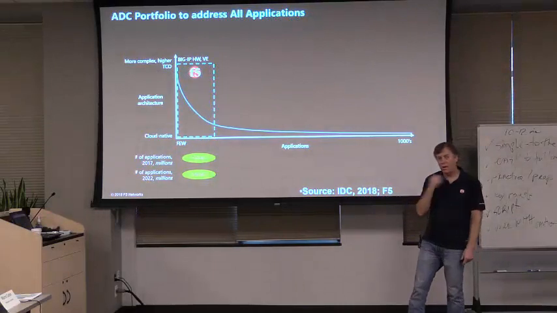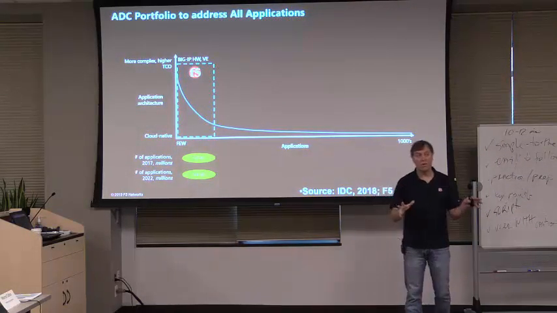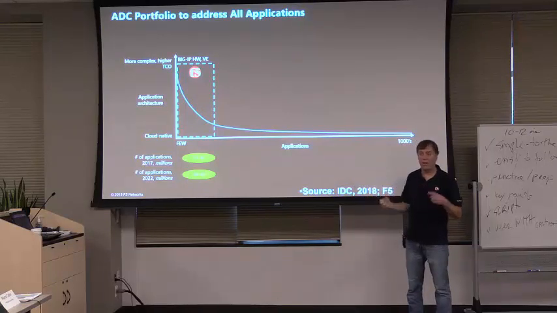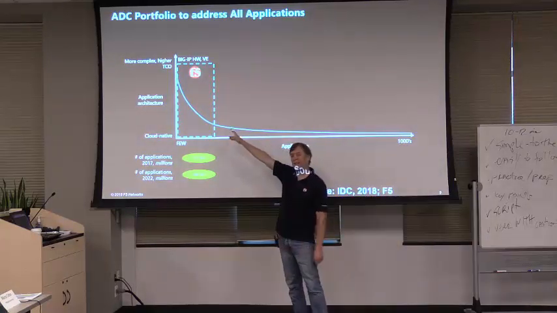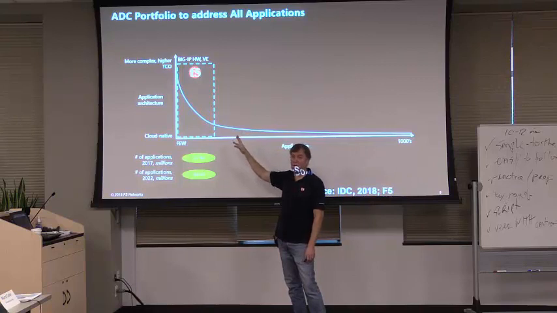You guys will see this, I think, in the future coming up if you haven't already. An interesting way to describe where we're headed, where F5 is headed. We've traditionally played in those more complex, higher cost of ownership apps in the data center, and we've done a very good job there.